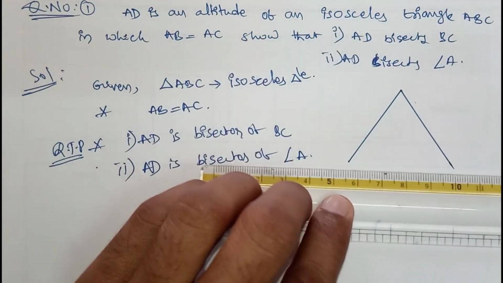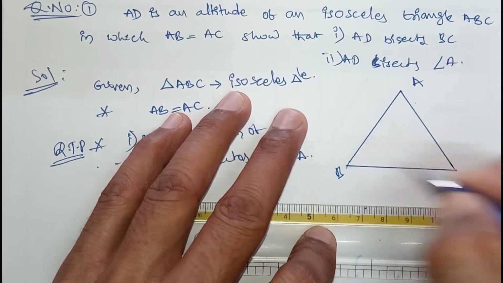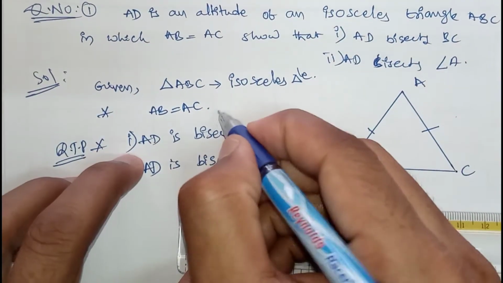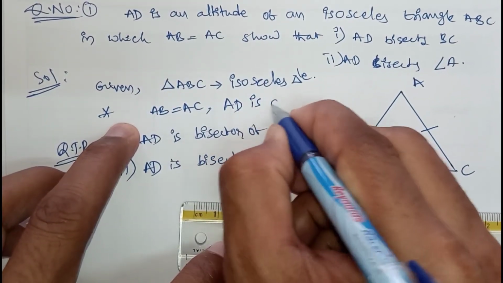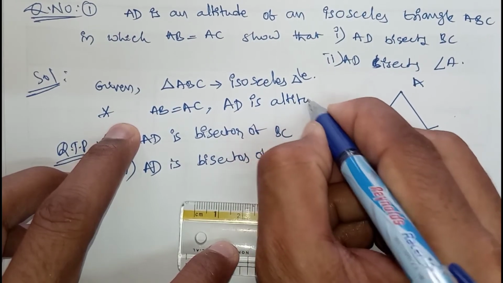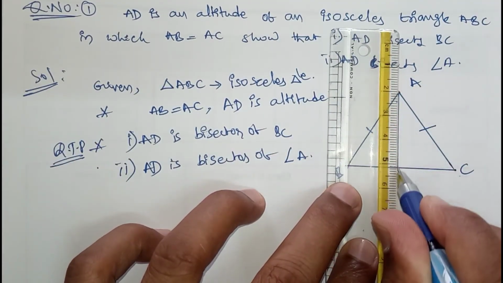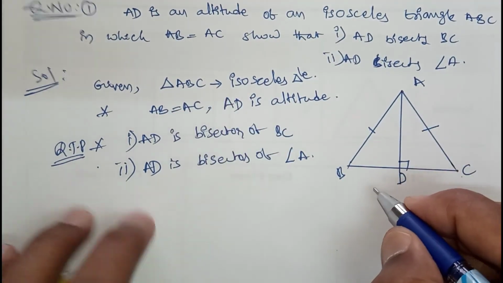This is ABC, an isosceles triangle in which AB equal to AC. One more data is AD is altitude, from A to D.